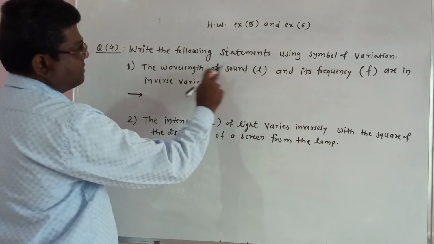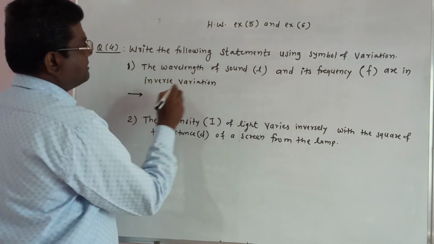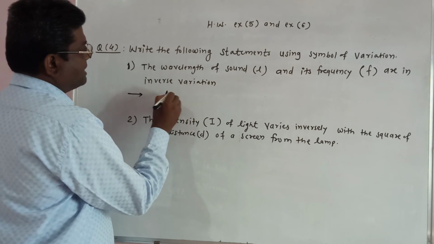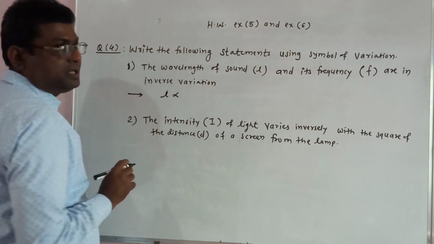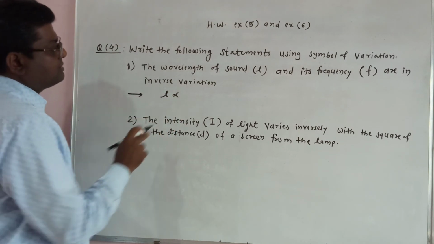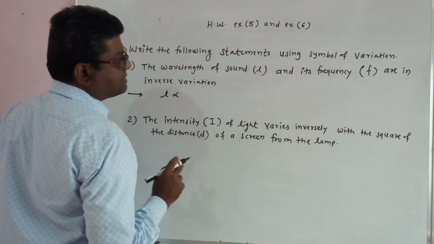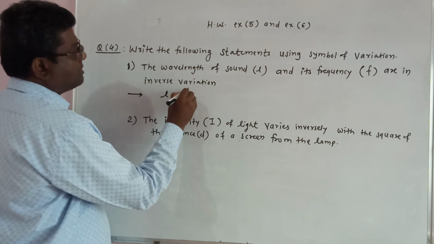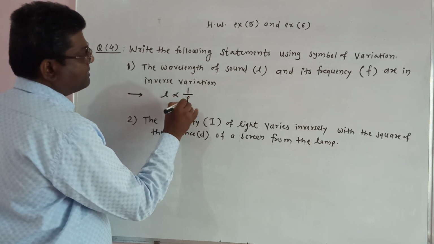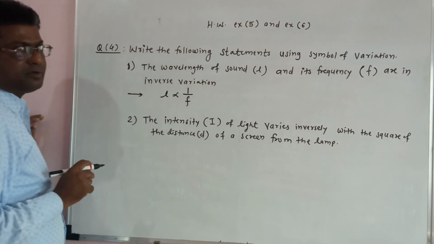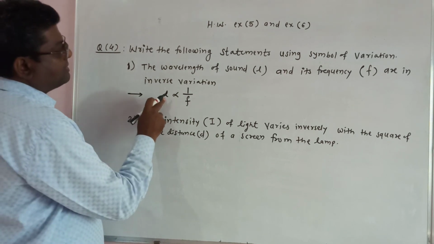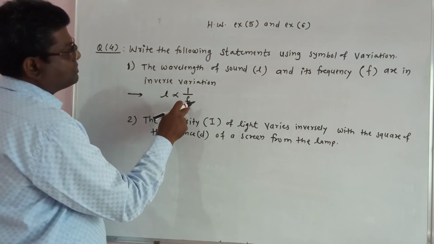Now the wavelength of sound, that is L, then write the symbol of variation, alpha, and frequency f. For inverse proportion we write the other term as 1 upon f, that is, L is inversely proportional to f.